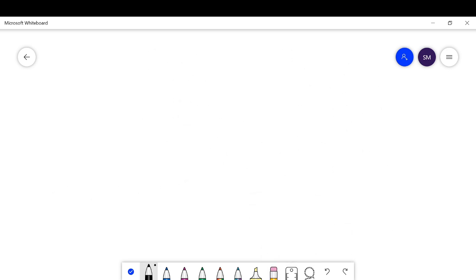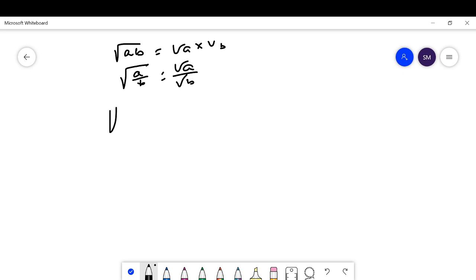Then the square root of a fraction. You know very well the identities. Root of AB means root of A into root of B. And the square root of A upon B is square root of A upon square root of B. Then suppose you have to find the square root of 441 upon 961.